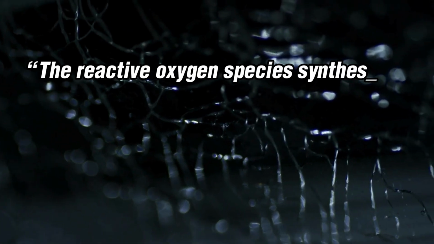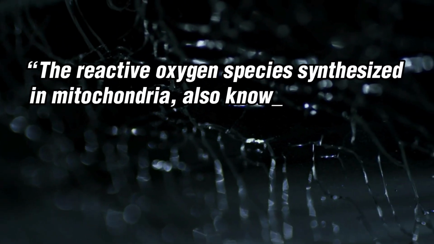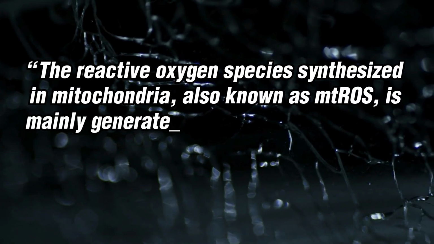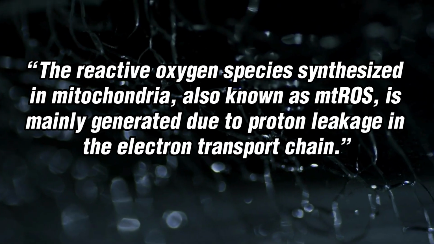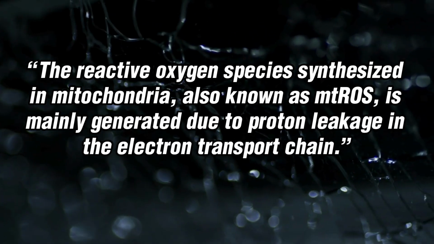The next point is excessive reactive oxygen species, and the authors had this to say. The reactive oxygen species synthesized in mitochondria, also known as mitochondrial reactive oxygen species, is mainly generated due to proton leakage in the electron transport chain. So reactive oxygen species are molecules that can cause damage in excess, and the production of mitochondrial reactive oxygen species are mainly generated when there is proton leakage in the electron transport chain.